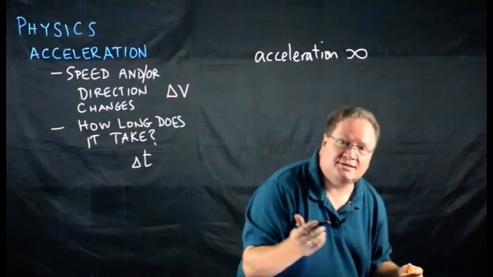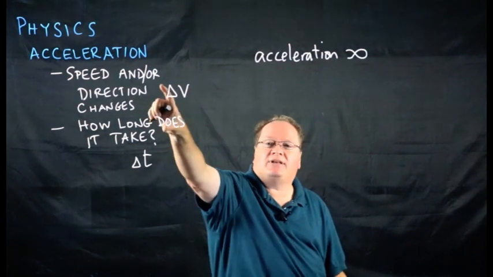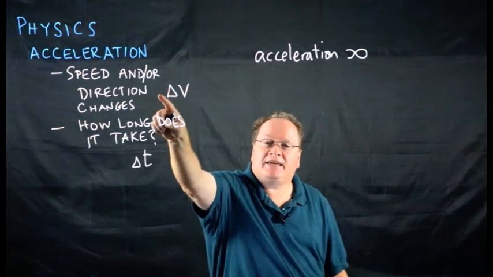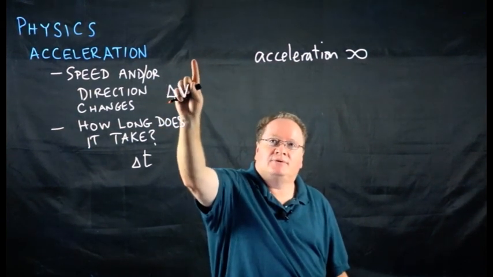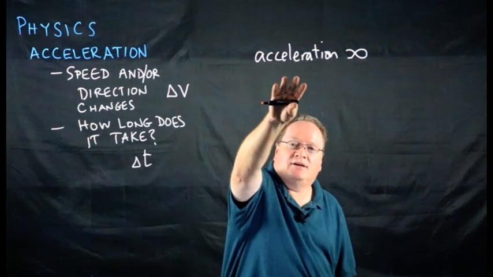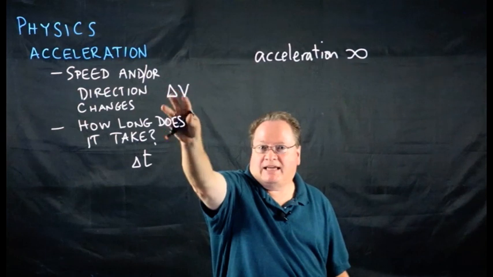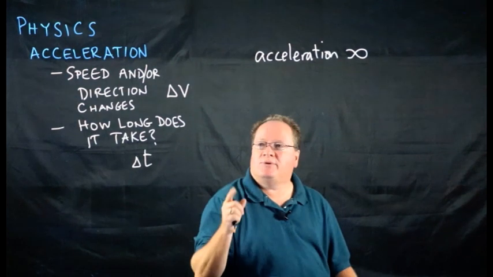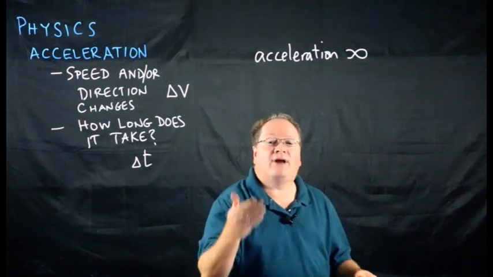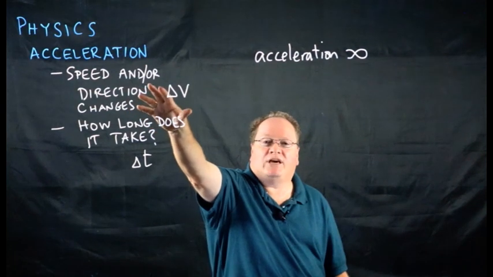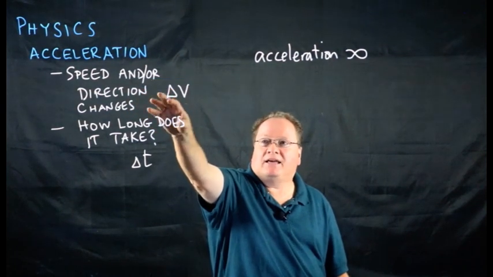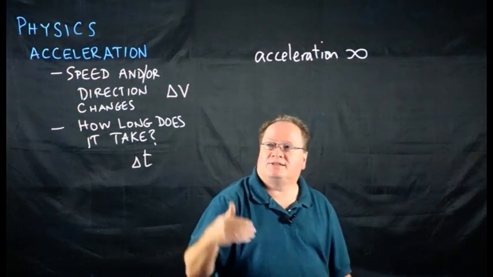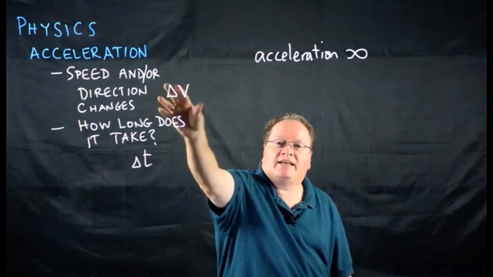Now there's two ways that acceleration can be related to these two things. One is if speed increases, so does acceleration. The other possibility is if that speed change increases, acceleration goes down. So we would say that acceleration's either directly related to speed change, meaning if I get a big speed change, I get a big acceleration, or indirectly related, meaning if I get a big speed change, I get a smaller acceleration.